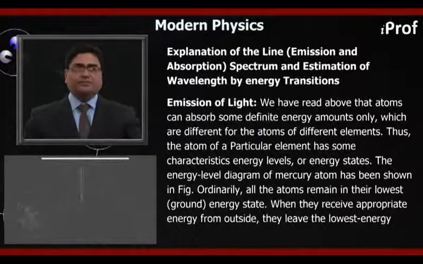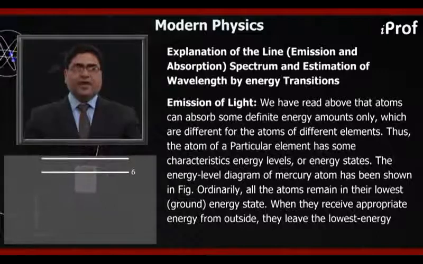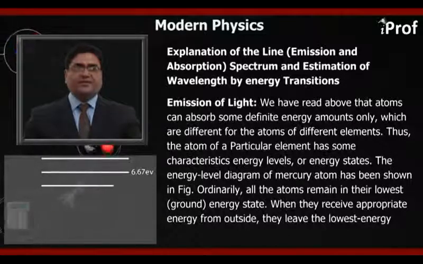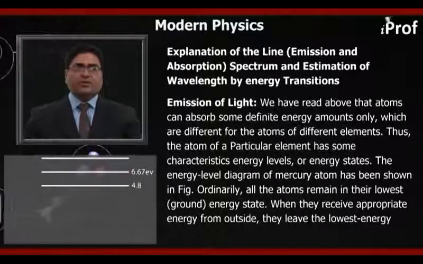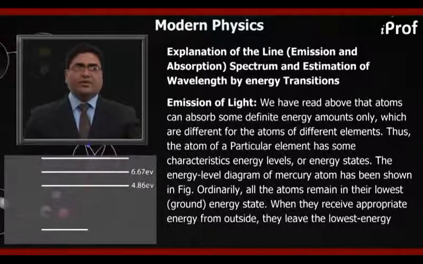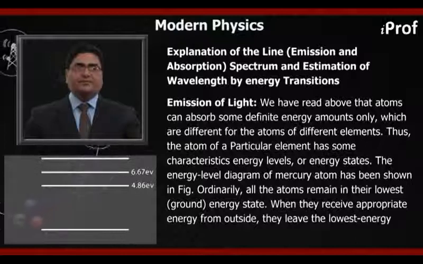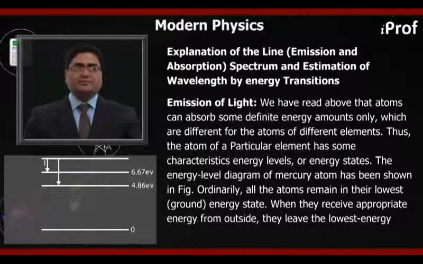We have read above that atoms can absorb some definite energy amounts only, which are different for the atoms of different elements. Thus, the atom of a particular element has some characteristic energy levels or energy states.